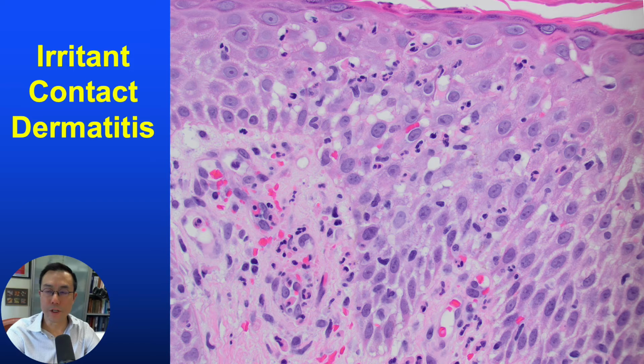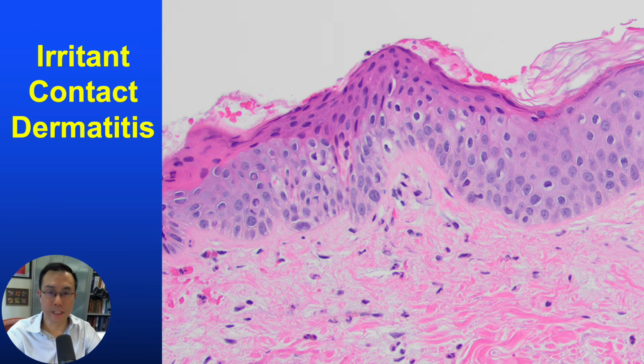So here's one more view of a neutrophilic spongiotic dermatitis, for which the differential diagnosis should include irritant contact dermatitis. In more severe examples of irritant contact dermatitis, there may be superficial necrosis, typically confluent over the superficial or outermost epidermis, characterized by eosinophilia of the cytoplasm and variable loss of the nuclear basophilia.